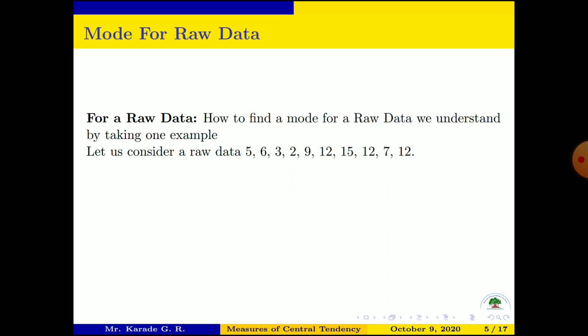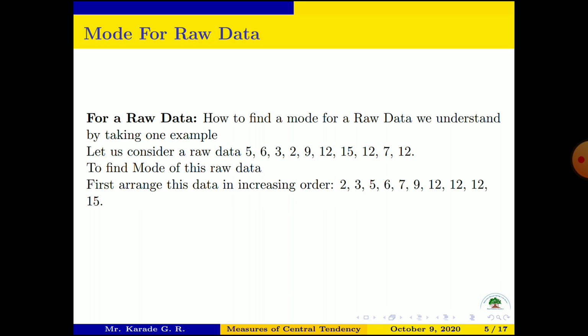Our first step is to arrange this data in increasing order. So first of all, we arrange this raw data in increasing order to find the mode: 2, 3, 5, 6, 7, 9, 12, 12, 12, 15.